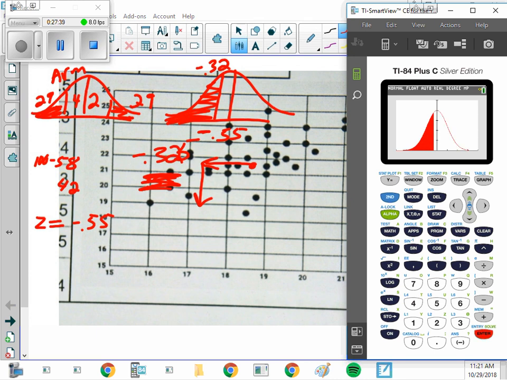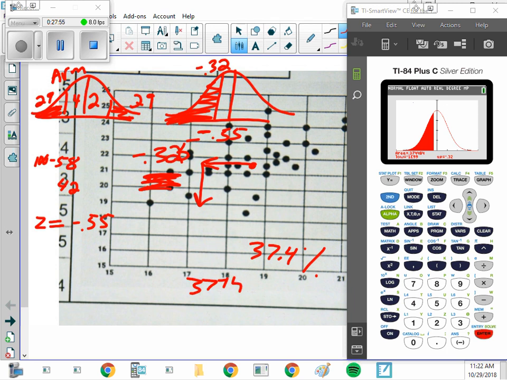And it says 37.4%. So my answer is 37. I have to round it to the nearest percentile. So the answer would be 37th percentile.